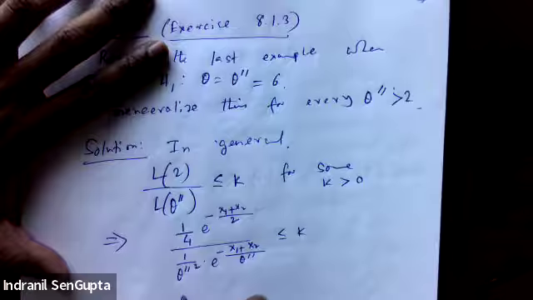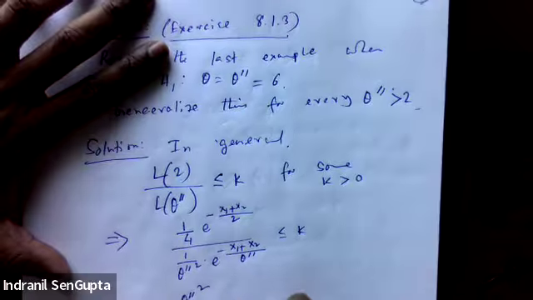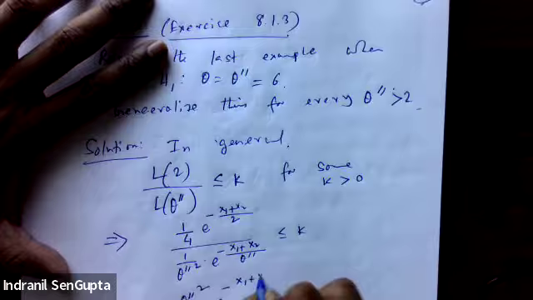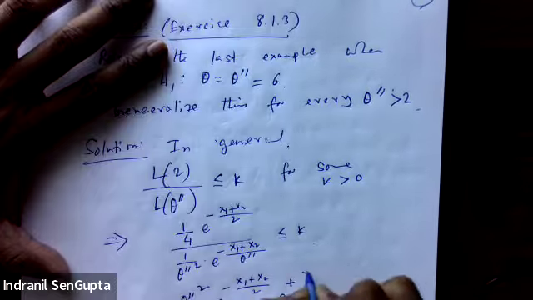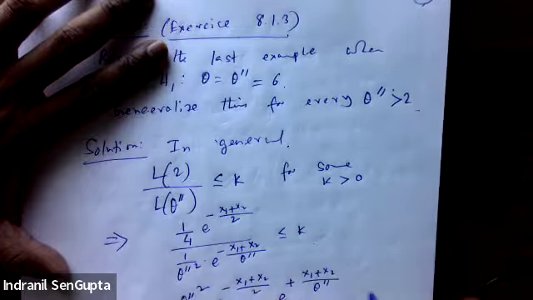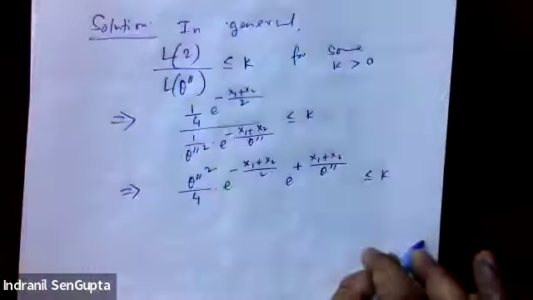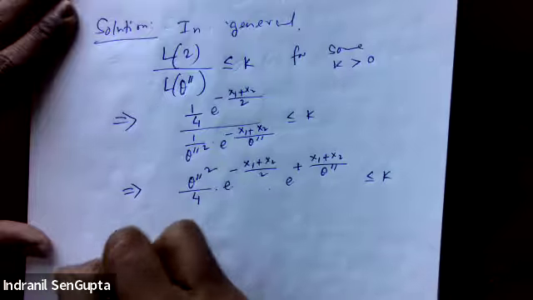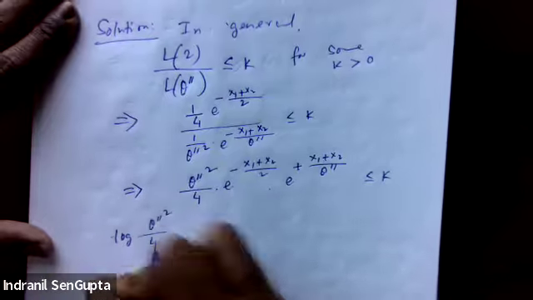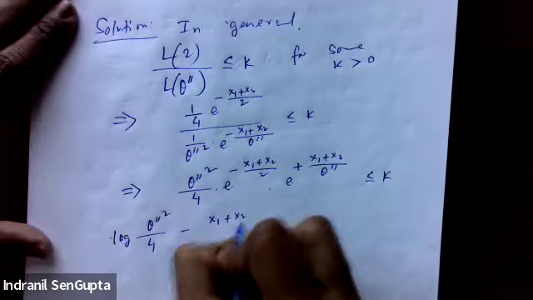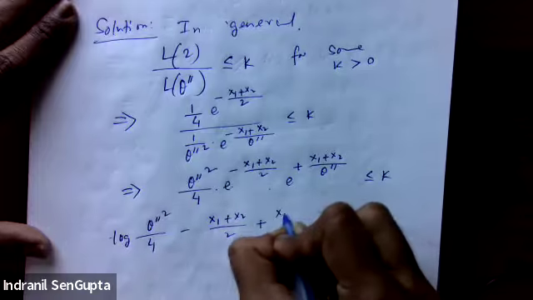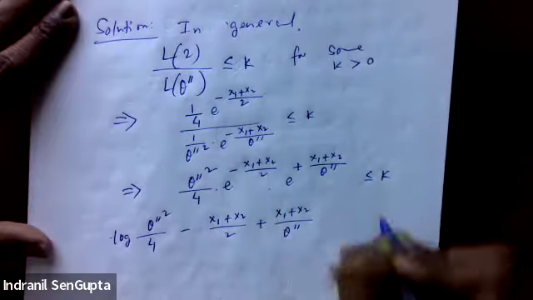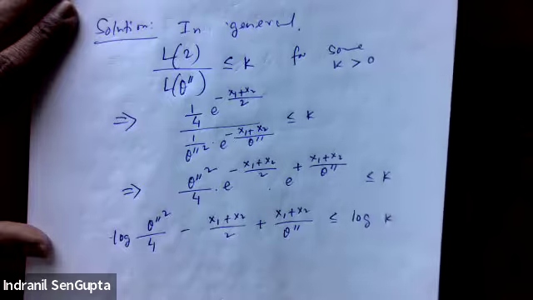So that means we have theta double prime squared over 4, and then e to the minus (x1 plus x2) over 2, e to the plus (x1 plus x2) over theta double prime, less than K. Okay, take the log. So we have log of theta double prime squared over 4 minus (x1 plus x2) over 2 plus (x1 plus x2) over theta double prime is less than log of K, just like before.